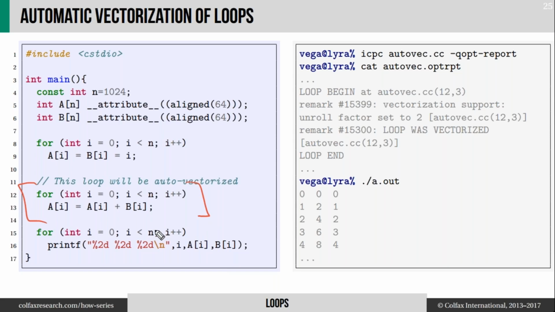So here I have a full program, but you can see that I have two arrays of length 1024, and I'm doing my favorite operation, a plus b, and printing results for verification. When I compile this code with the Intel compiler, vectorization is automatic. I don't have to do anything. I don't have to set any arguments. The compiler will, by default, try to vectorize code.